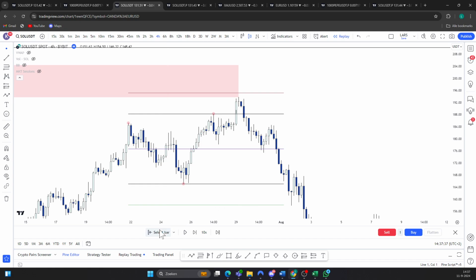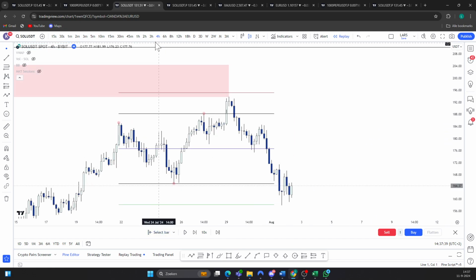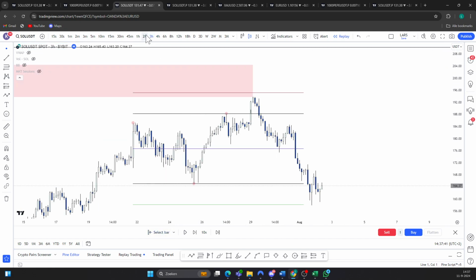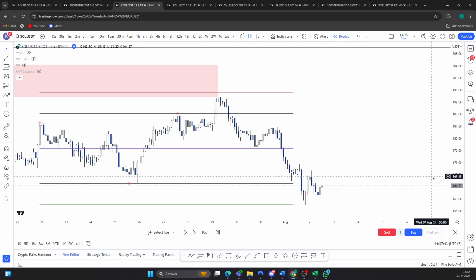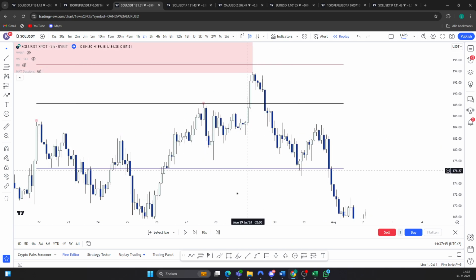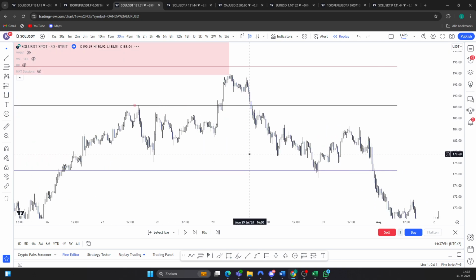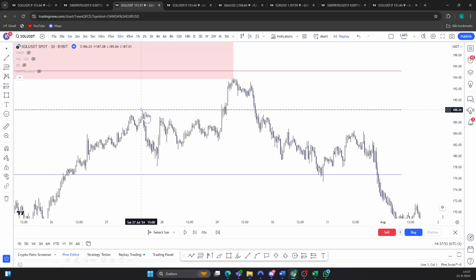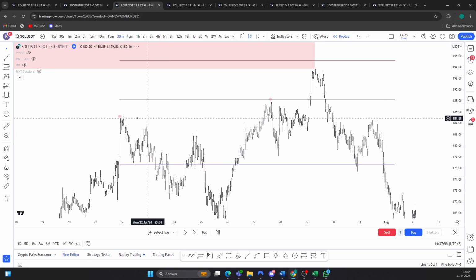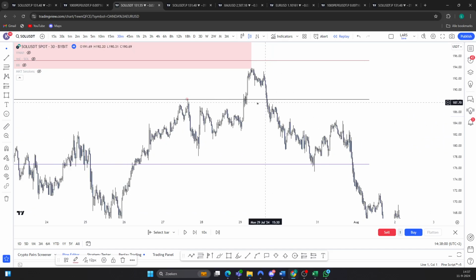And let's zoom in even more to check maybe for a potential model 2. We can see we have our model 1, or we have our range high, and we have that first deviation. And right here, we have that 30-minute order block sitting at the high.